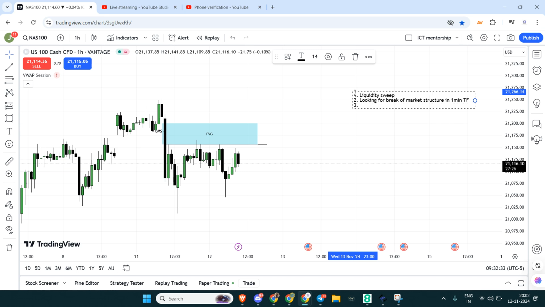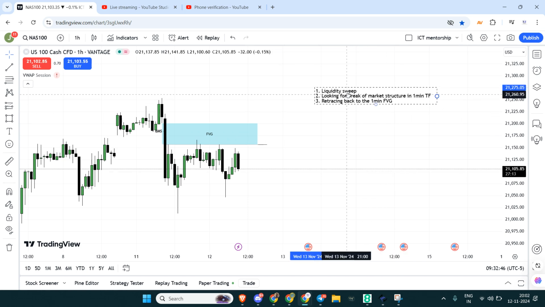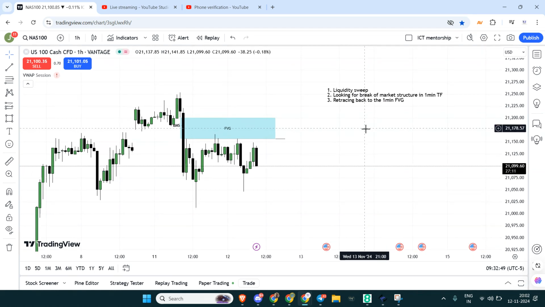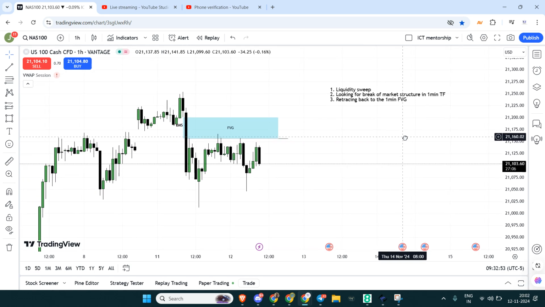So second step. And the third one is our entry, retracing back to the 1 minute FVG. These are the three steps that we want to follow when we are taking trades in Nasdaq.